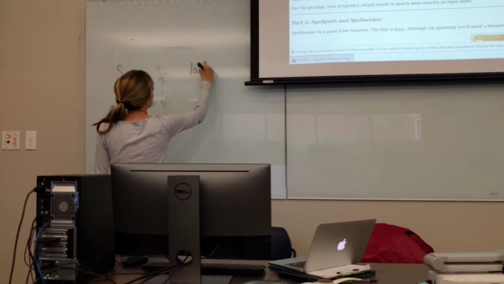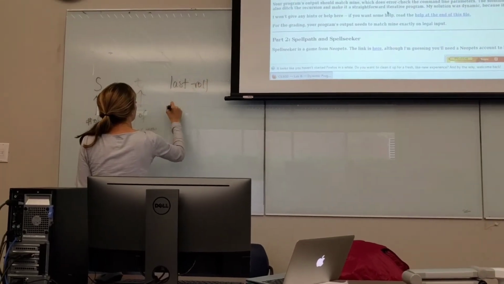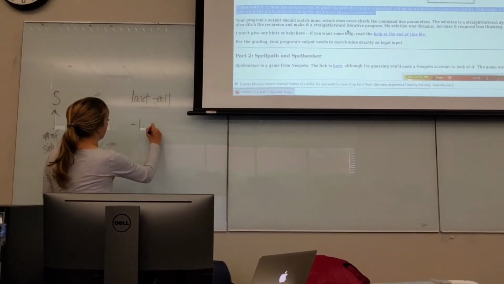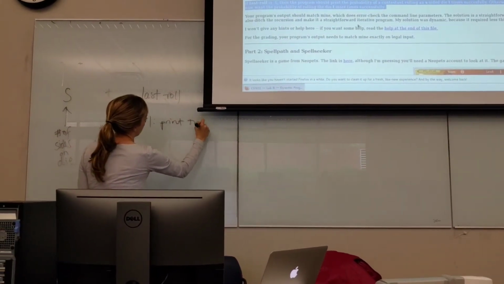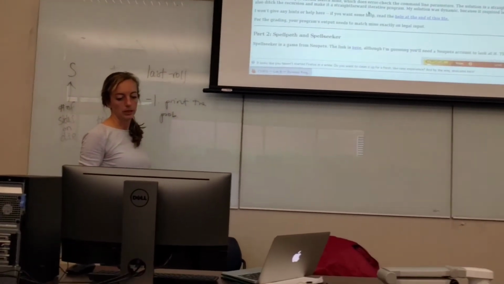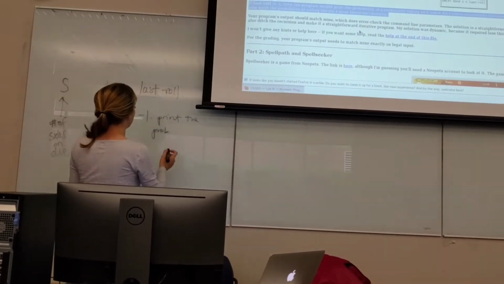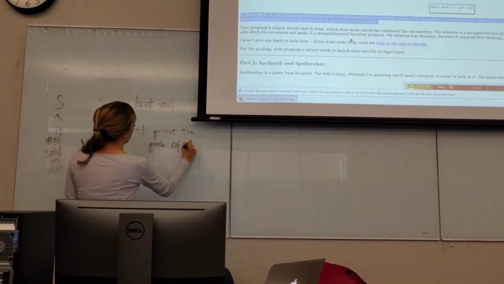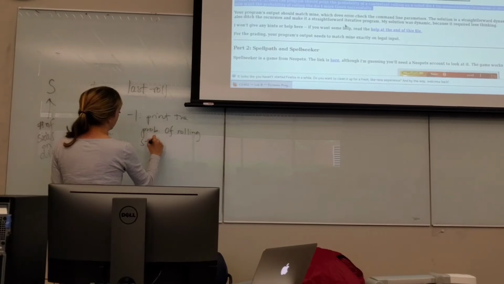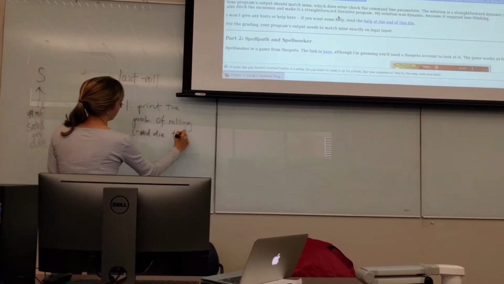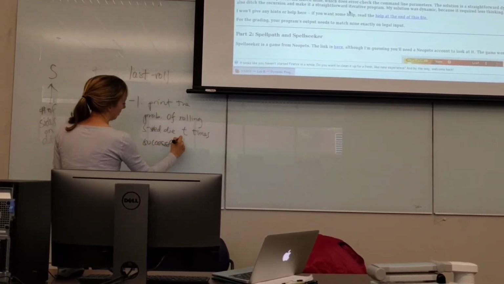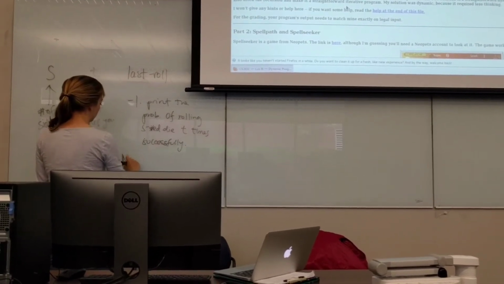When it's -1, this means that the program should print the probability of a contestant rolling an S-sided die T times successfully.